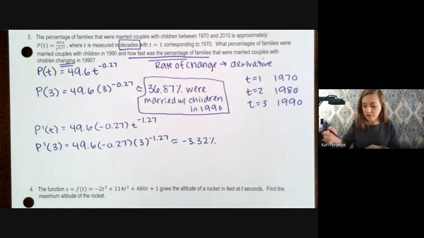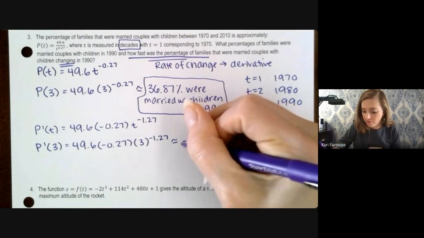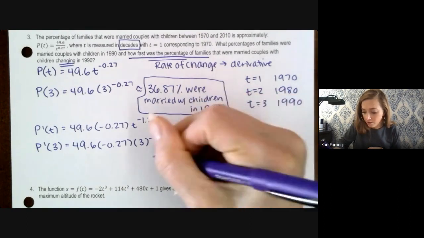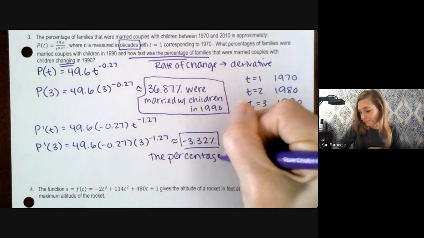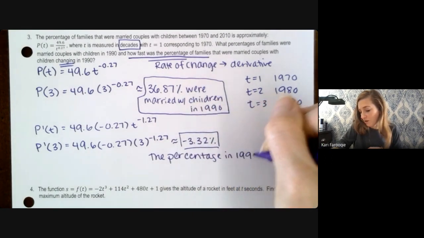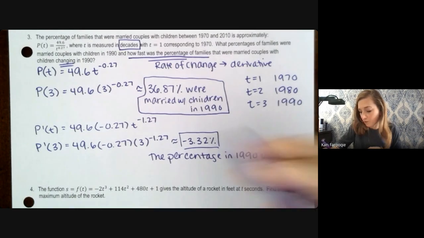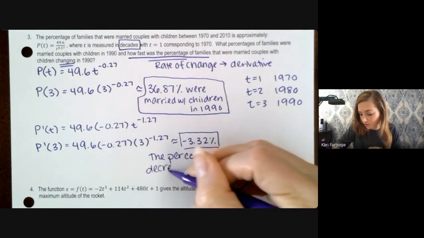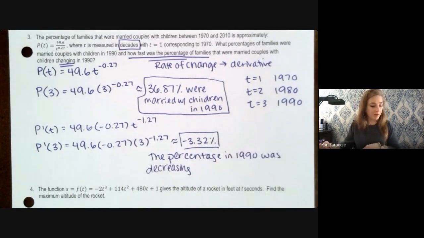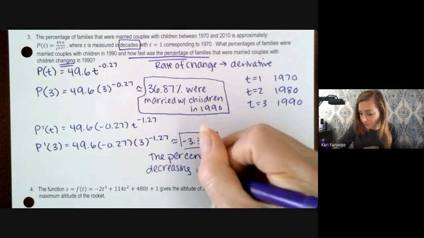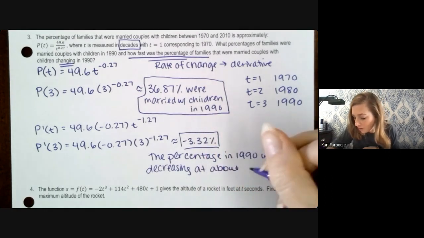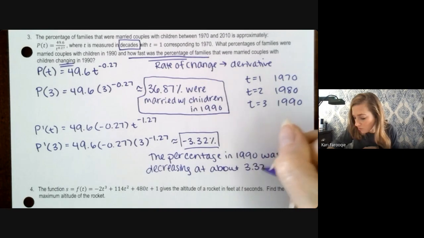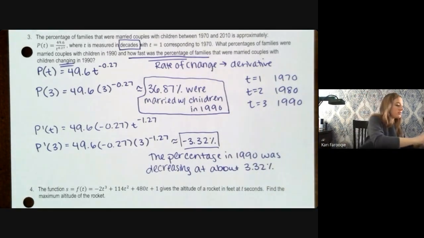So we could say here that the percentage in 1990 was decreasing at a rate of about 3.32%.